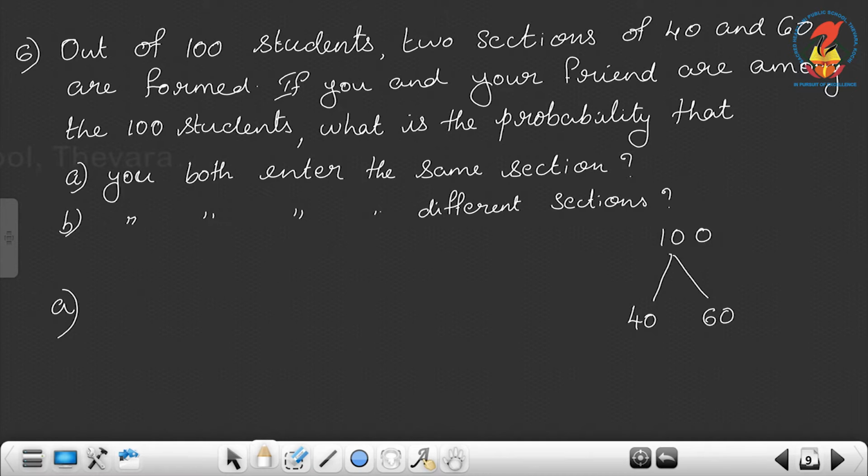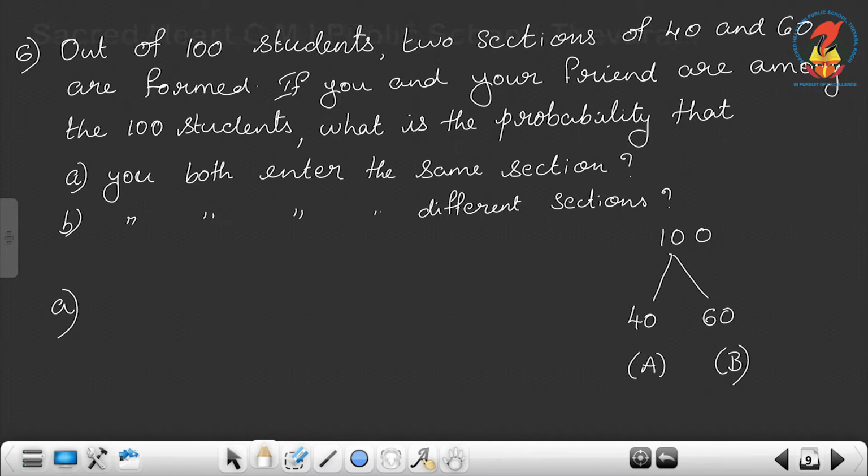suppose you and your friend in the division A. Suppose this division is A, the other one is B. Okay. So you both enter the same section means either in A or in B. So if you and your friend enter in the section A, then how to write the probability?